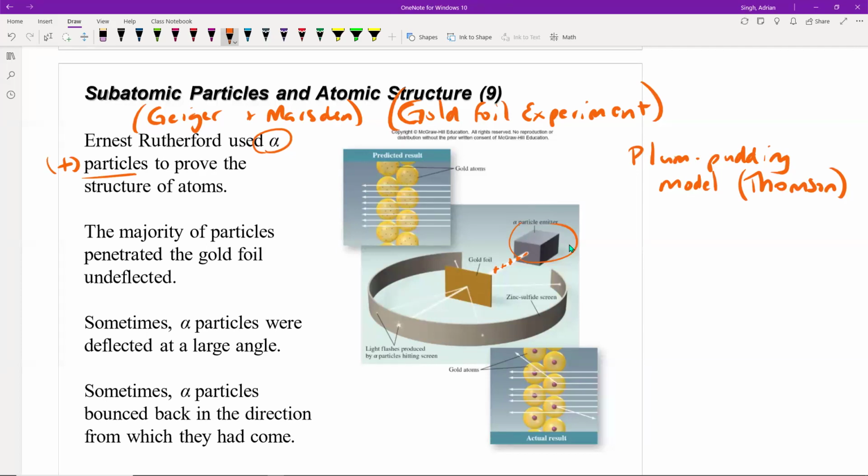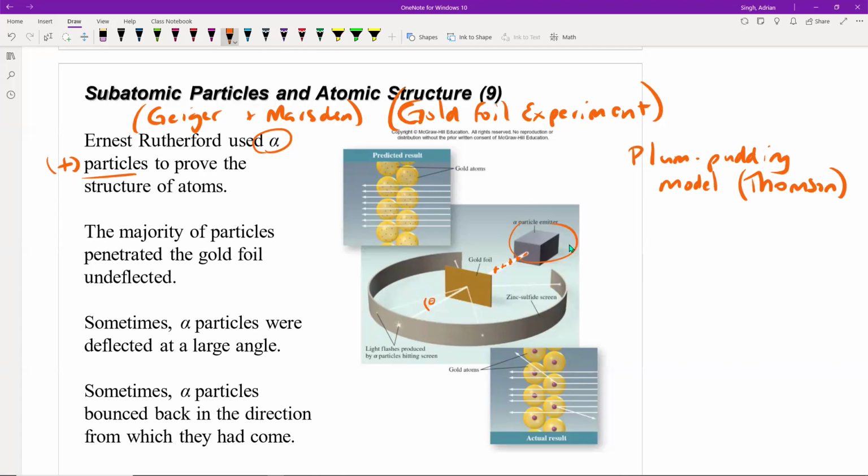Now, what they actually noticed was that, yes, while the majority of the alpha particles went right through, occasionally they would see some deflections. So instead of going in a straight line, after hitting the gold foil, they would be deflected by a certain angle. We'll call that theta, either one way or another way.